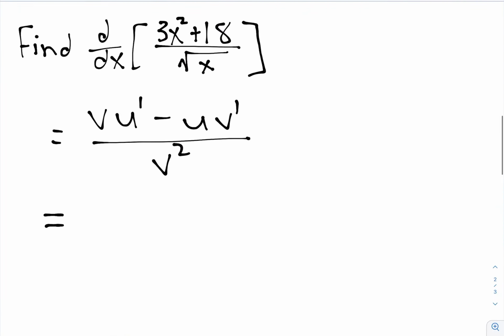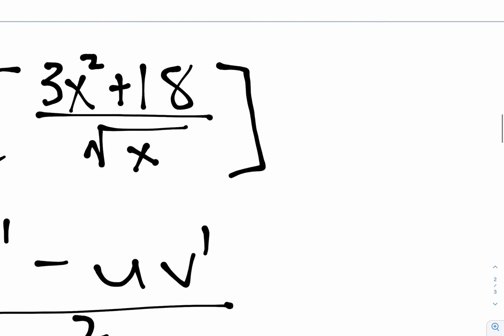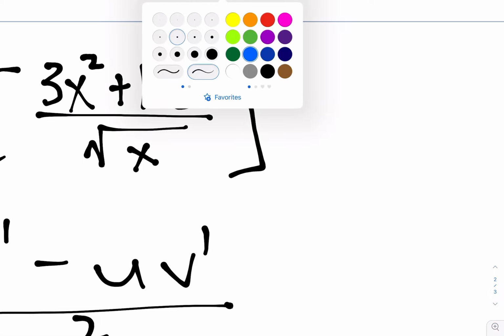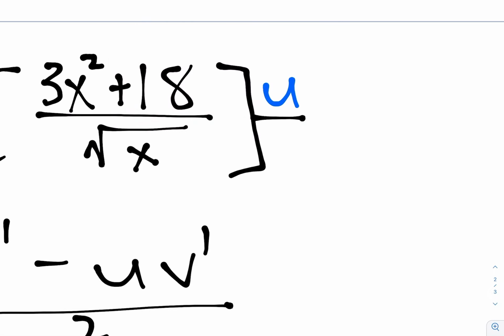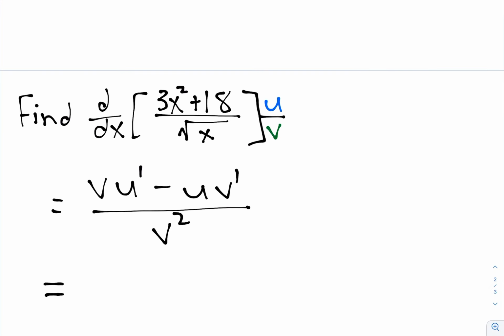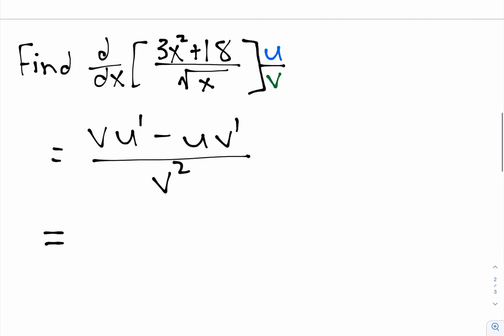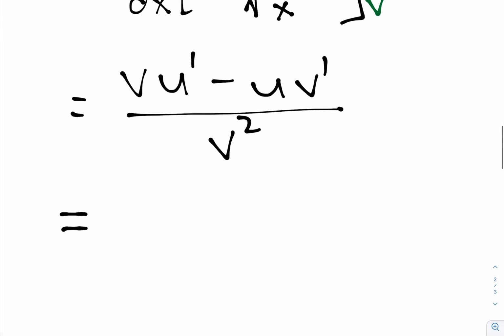Let's assign our v's and our u's. We're going to call the top one u, because in our formula, u is on the top, and we're going to be dividing by v here.